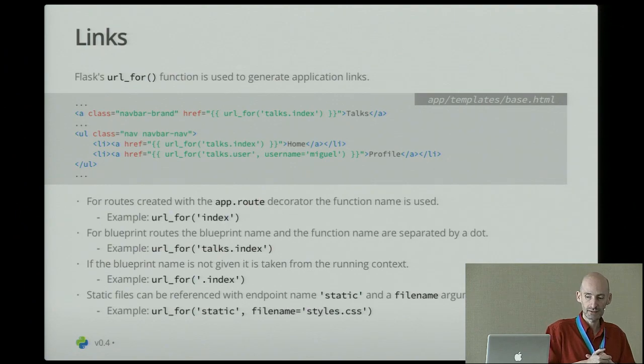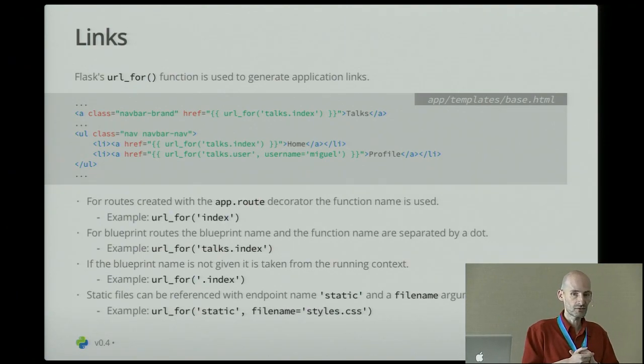There's a shortcut. So if you're generating a link that's within the same blueprint that you are in, so let's say you are responding to index, so you are rendering a template for index. If you need to put a link to some other route in that blueprint, you can omit the blueprint name. You can say dot and then dot user.